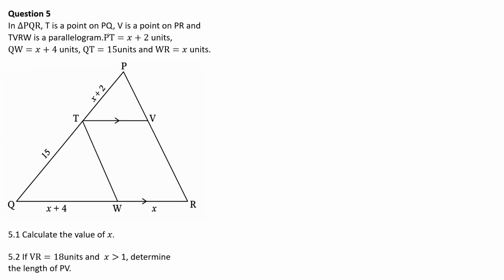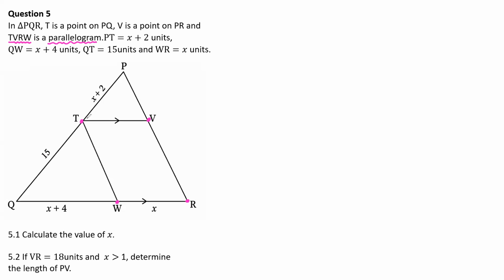Now, the question has keywords which I want us to align to. T, V, R, W is a parallelogram. The properties of a parallelogram give me the idea that the opposite sides are parallel.